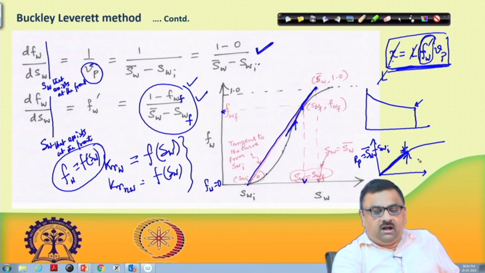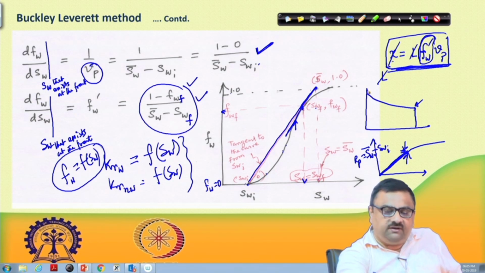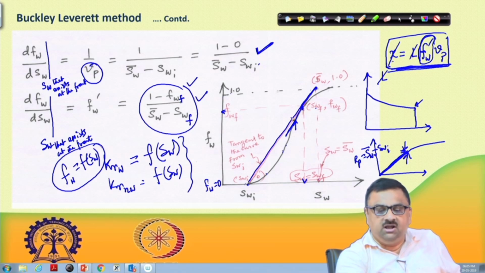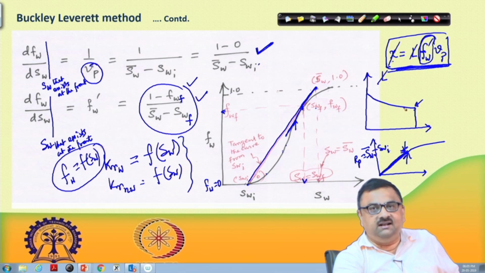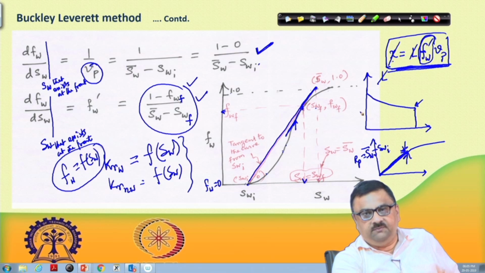Okay. And what is this SWF? If we try to find out what the saturation profile is, this SWF would be this point, where we draw a tangent. So, when the Buckley-Leverett front breaks through, that means I started injecting water, pure water, no oil, only water, not water plus oil. So, water is injected, and that means wetting phase is injected.